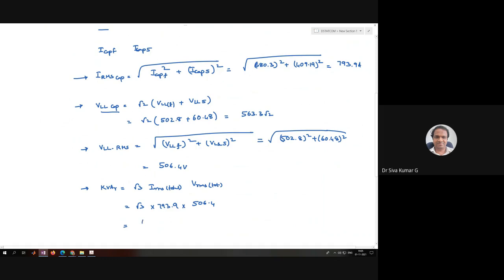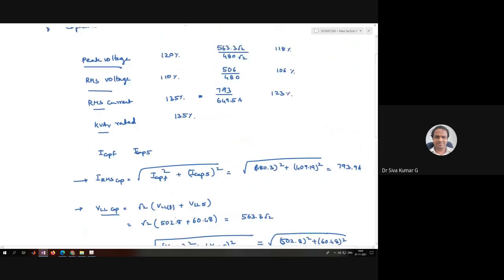We get around 696 kVAR. Dividing 696 kVAR by the rounded value of 540 kVAR, we get 129%.